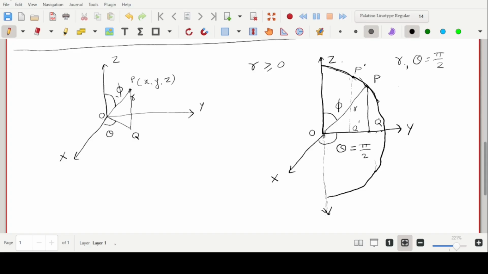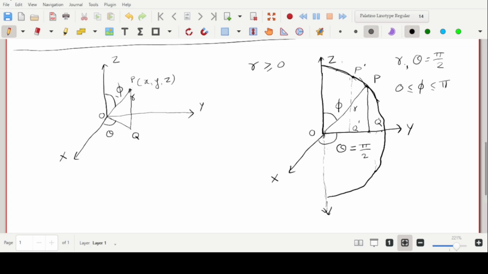The phi changes from 0 to pi. Alright, so by keeping r fixed and theta also fixed over here, and by varying phi from 0 to pi, we get a semicircle having radius r.